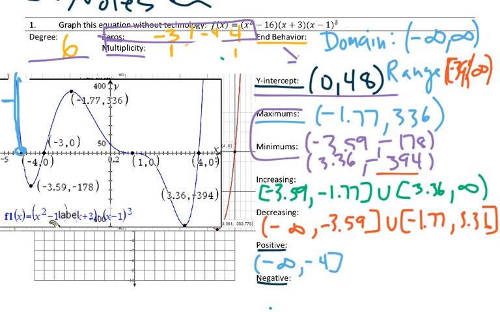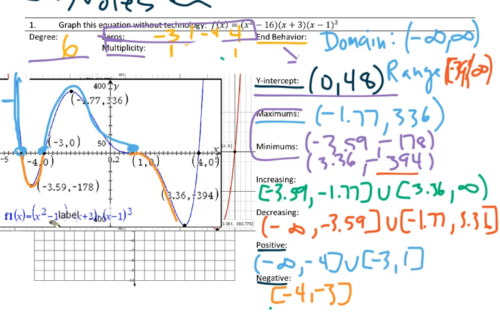Then I'm going to jump a spot and become negative. So I'm negative from negative 4 until I get to negative 3. Then I jump back up to positive, and I'm positive till I hit that 0 at 1. So from negative 3 to positive 1.